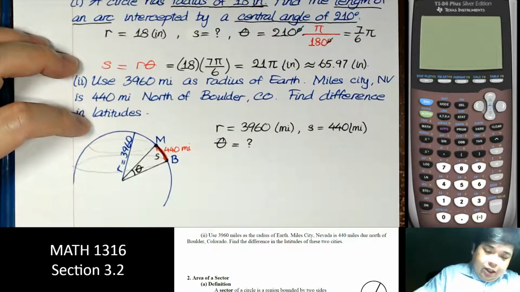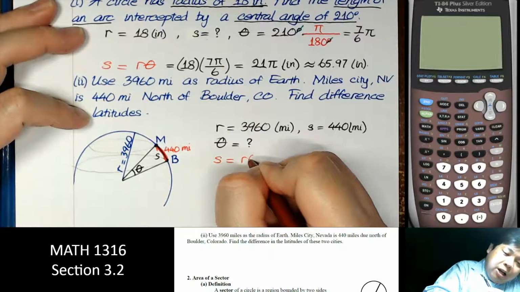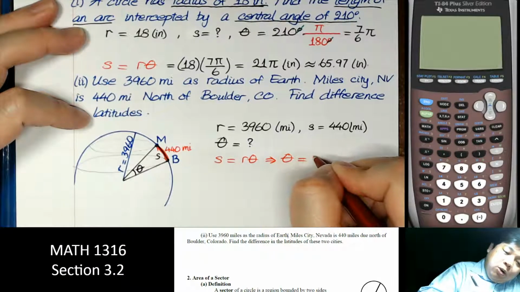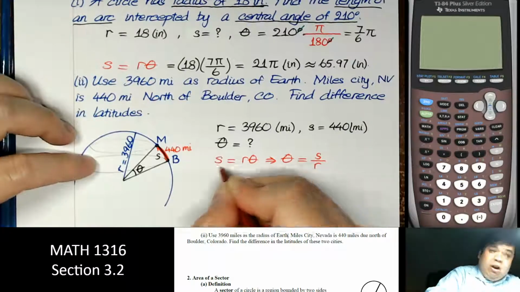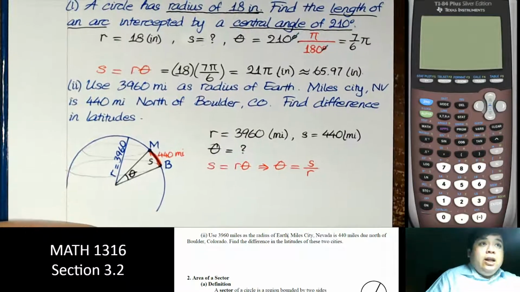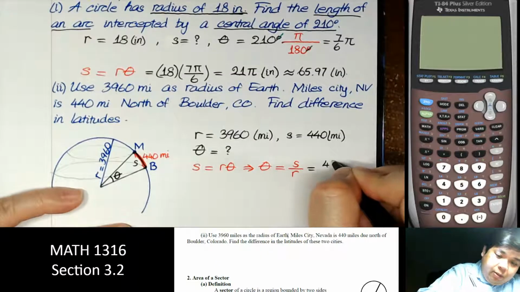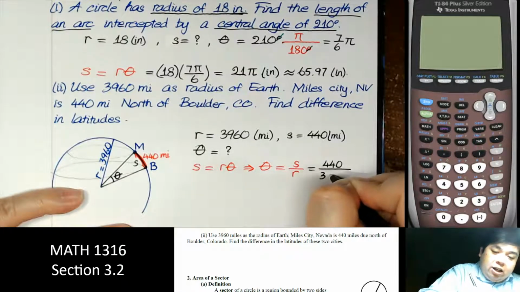Right, so we have the arc length equals r times theta. To solve for theta, it's going to be s over r, dividing by r on both sides. So 440 divided by 3960.